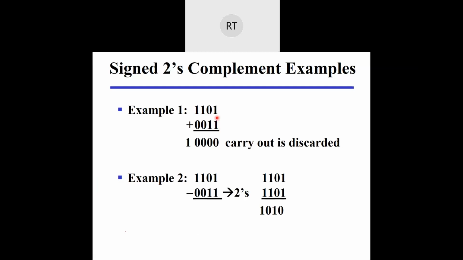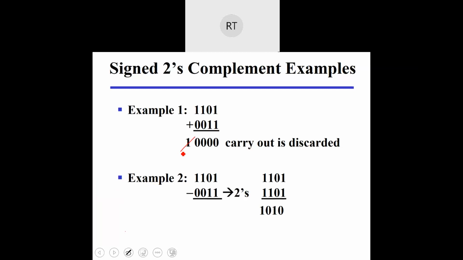Notice, please, when you do the addition, this is going to be 0 carry 1, 0 carry 1, 0 carry 1, and 0 carry 1. You need to know that in the addition, when you are doing the 2's complement, the last carry out is discarded. So this one will be discarded, okay? It will not be part of the answer, okay?